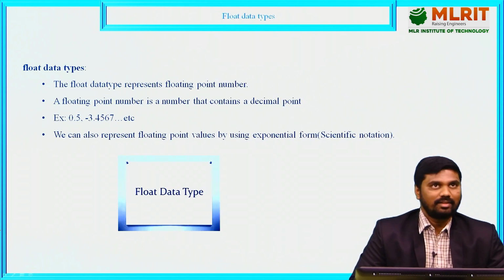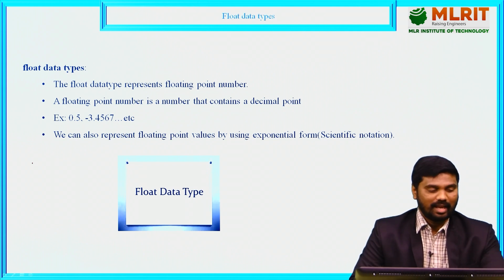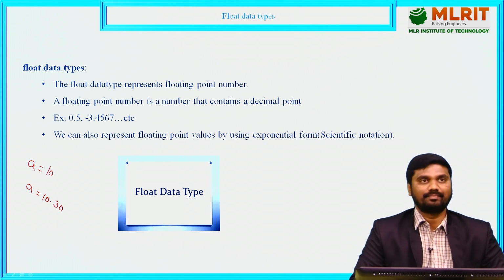In the last class we discussed int. Int represents a number which does not contain a decimal point, and the float data type can represent a value which contains a decimal point.